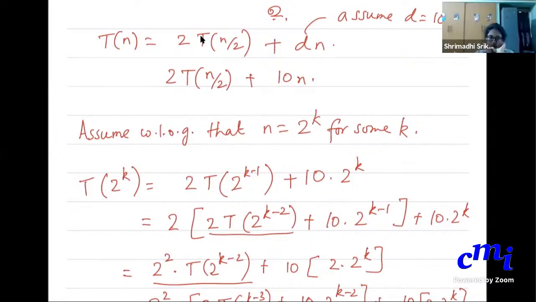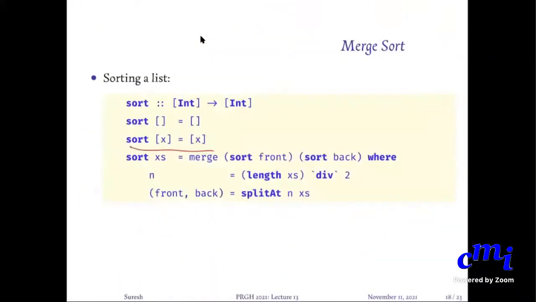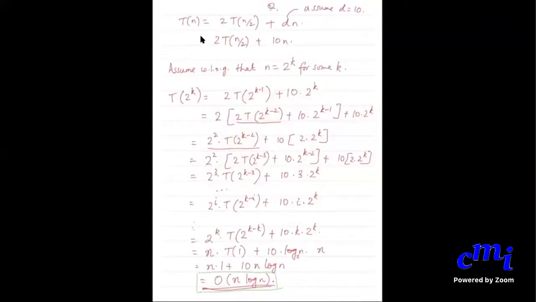You have to do 3 things: split at, length, and then merge. The time required for all these is order n, and order n means some constant times n. So I'm assuming that the constant is some d. You can work out all these things by putting d instead of 10, but for concreteness' sake, I put it just 10.